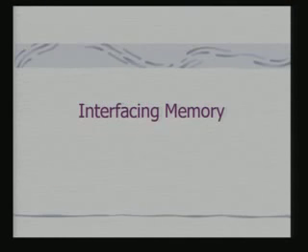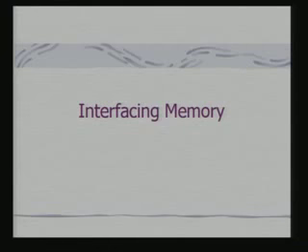Now we shall see that once we have got these types of memory, we shall now see an example of interfacing these memories, okay, with the microcontrollers that we had already studied. In particular, we shall look at ARM.